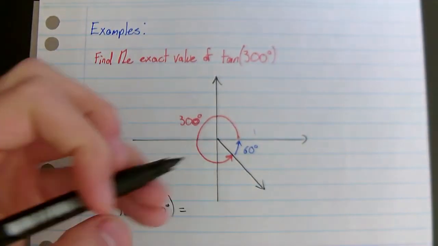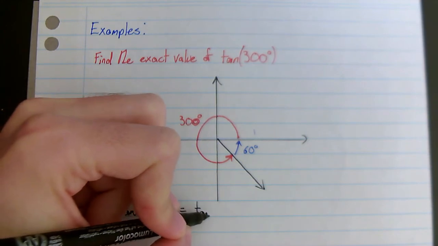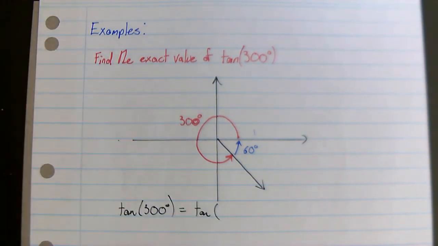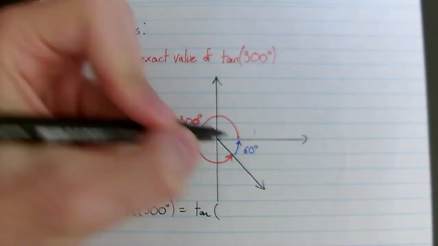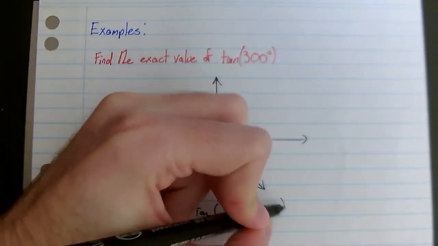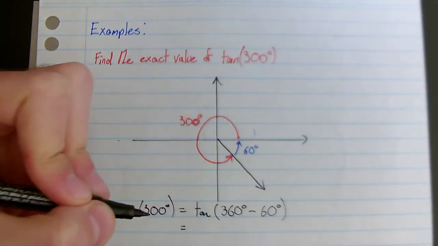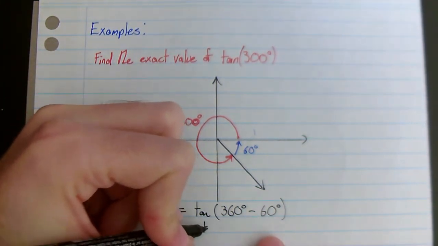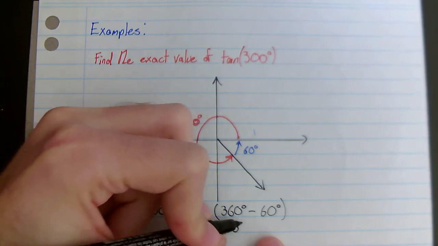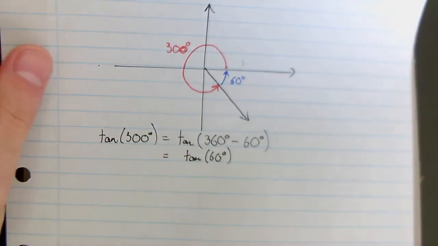So all I'm doing is just rewriting what 300 degrees is equal to in terms of that way of expressing it in terms of an acute angle. So it's 360 degrees minus 60 degrees. That's literally another way of writing 300 degrees. 360 minus 60 gives me 300. So now I can write this in terms of that acute angle, which is going to be tan 60 degrees.